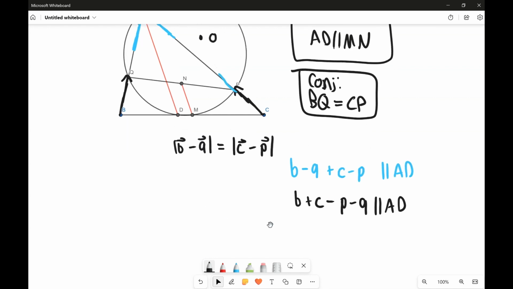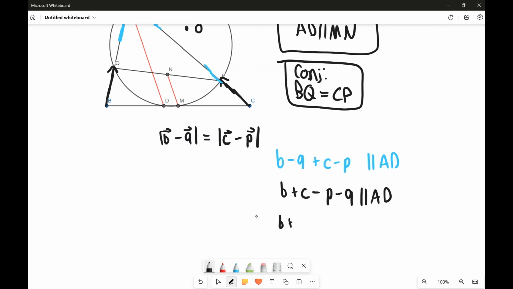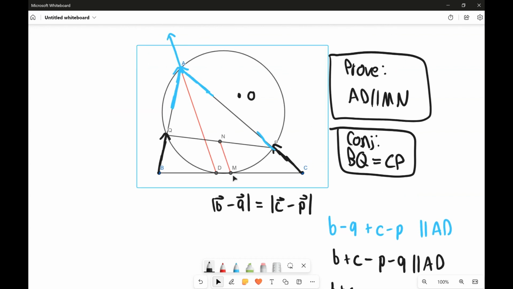But now if we divide both sides by 2, we get (b plus c) over 2 minus (p plus q) over 2, which is just equal to m minus n, is parallel to AD. But m minus n is just the vector corresponding to MN, and we are done.